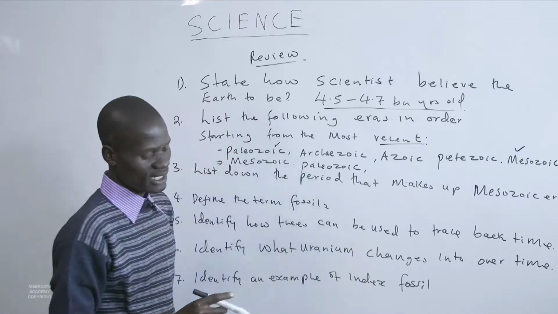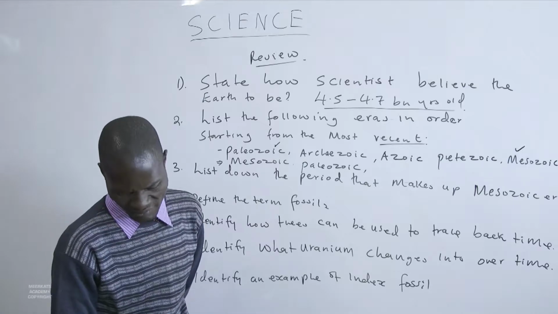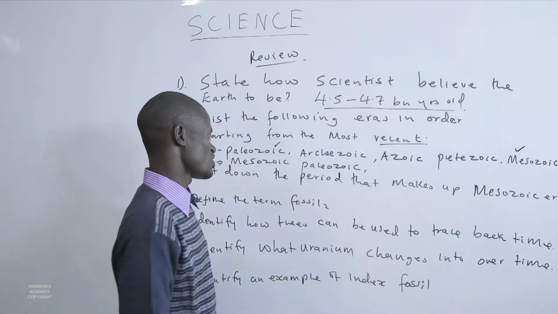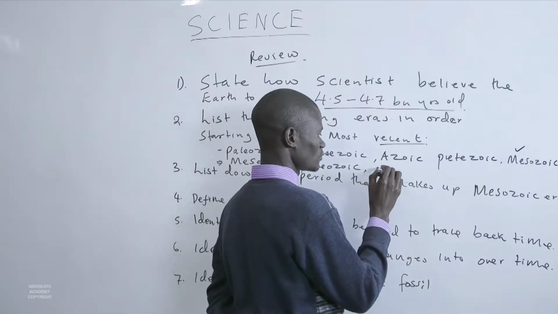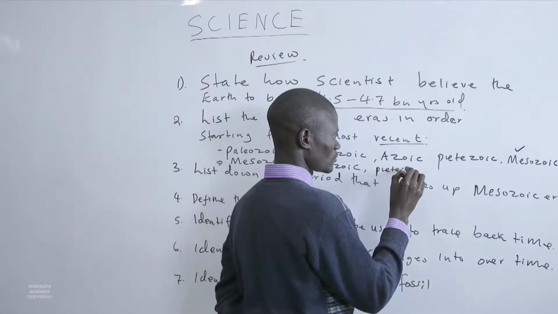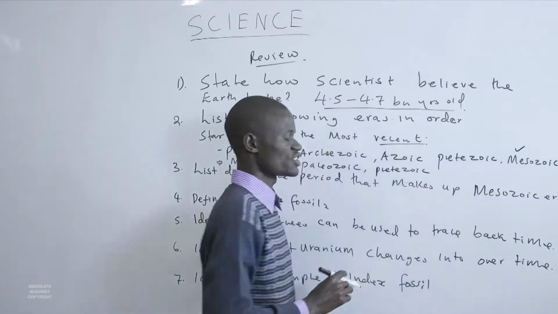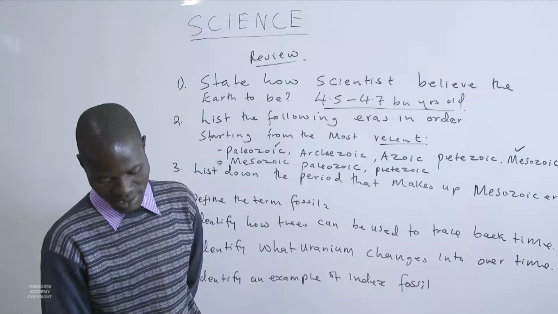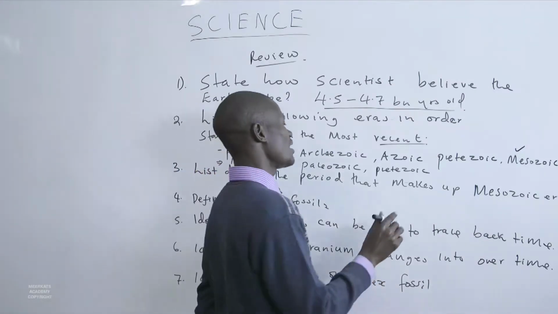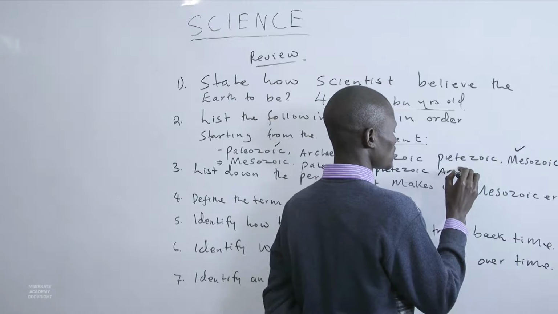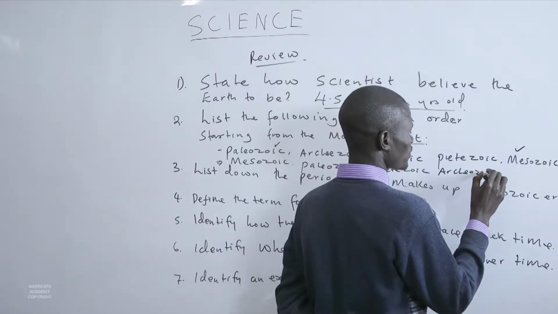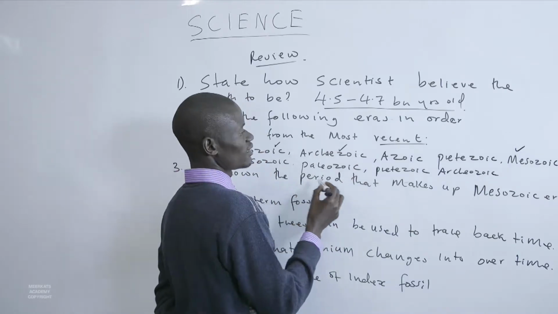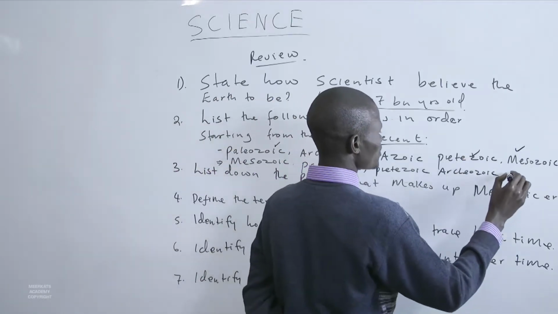Under Precambrian, we have listed the Proterozoic era, then the Archaeozoic era, and then lastly the Azoic era.